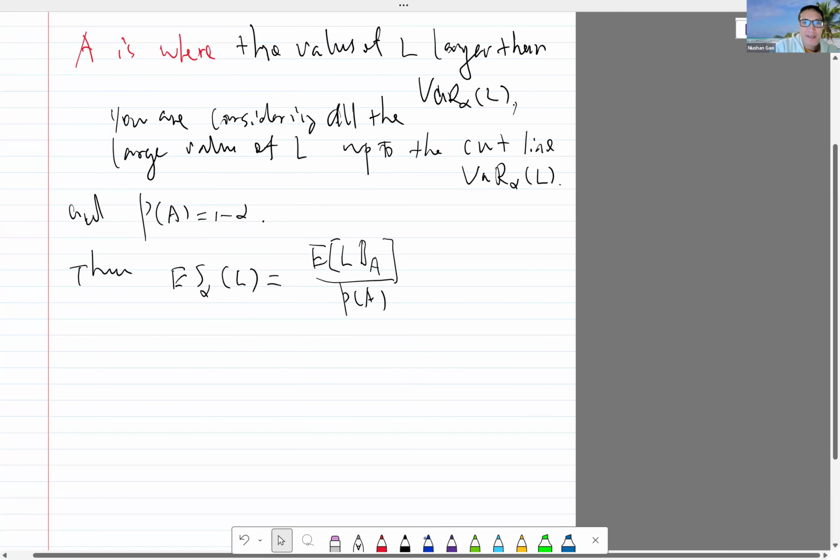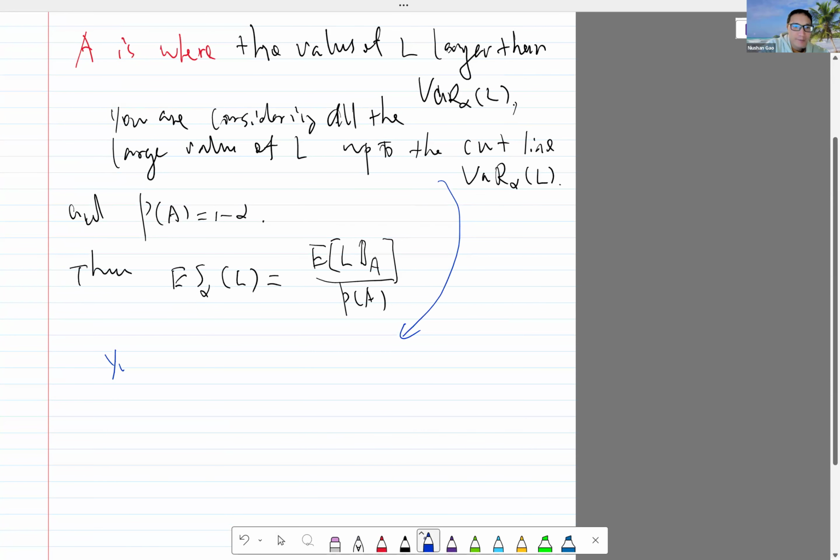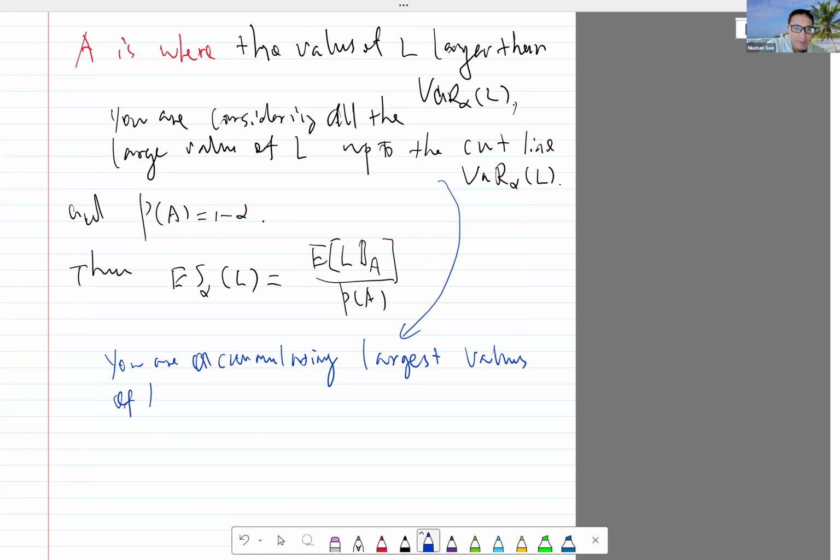So another way to see it, you are accumulating the largest values of L up to a point where you reach probability 1 minus alpha, right?